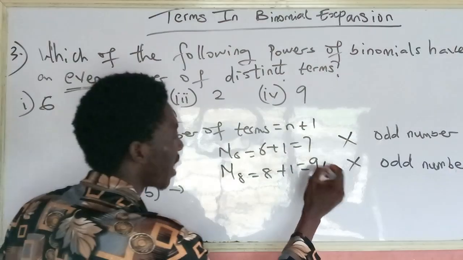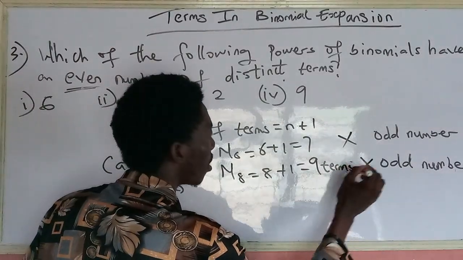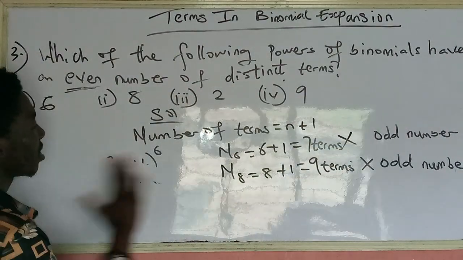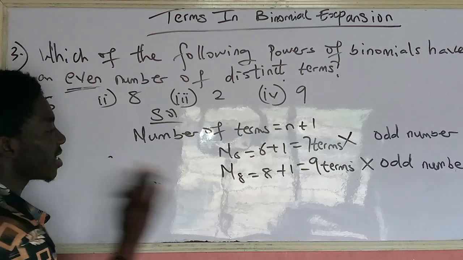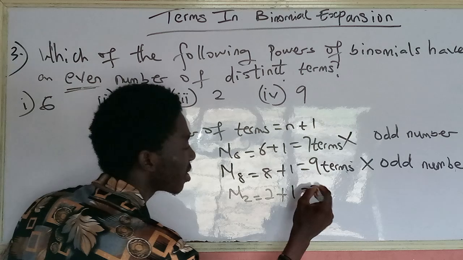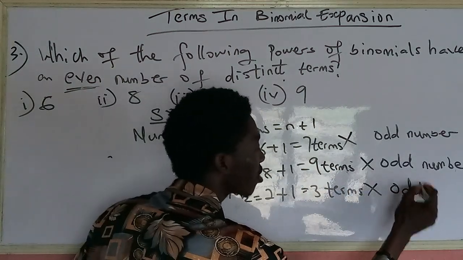Are you getting me now? 9 terms, 7 terms. What about this? For this, n is 2, which will give you 2 plus 1, and that is 3 terms. Also an odd number.